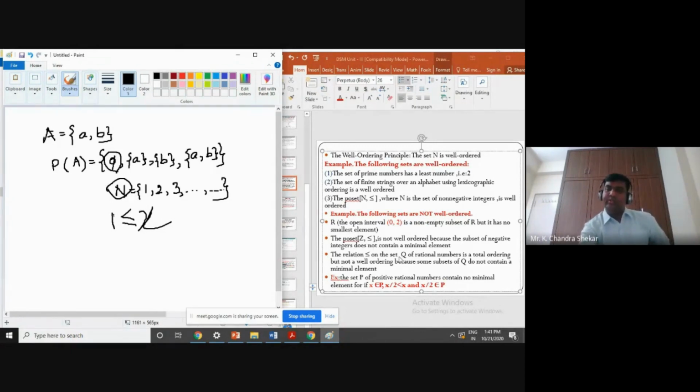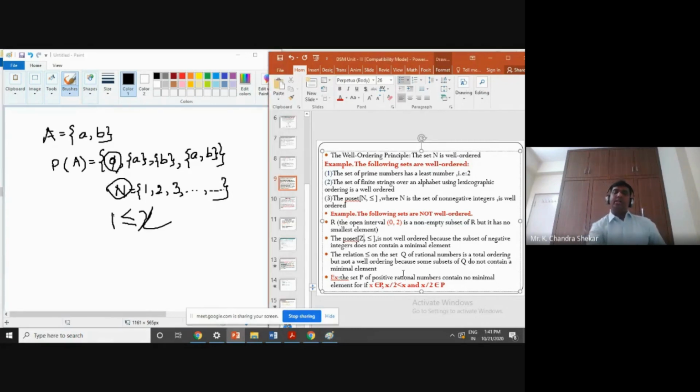Now similarly for rational numbers also. The relation less than or equal to on the set of rational numbers is a total ordering, but not a well ordered, because some subsets do not contain the minimal element. So almost the same reason for all this, because we can't tell what exactly the smallest number is in the negative series.